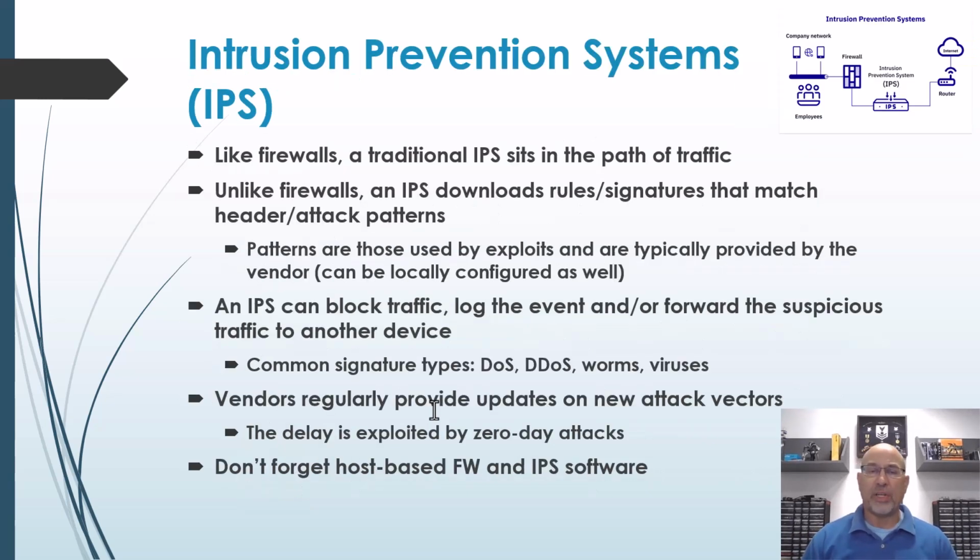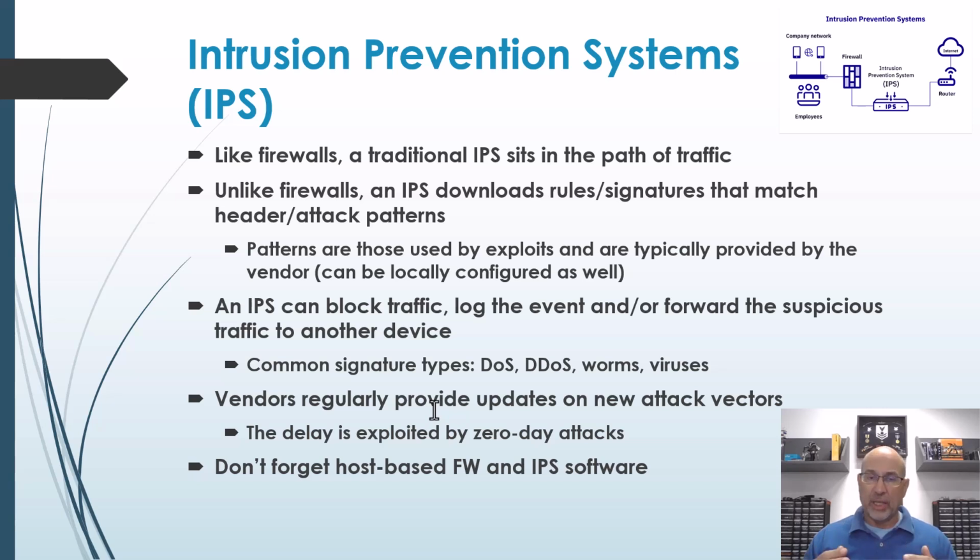Now, intrusion prevention systems, they also sit in the path of traffic. Now, there's a lot of times a distinction between something called an intrusion detection system and an intrusion prevention system. An intrusion detection system works in many ways just like a firewall. It detects things. It reads things and understands things and then alerts somebody. But an intrusion prevention system a lot of times can take action.